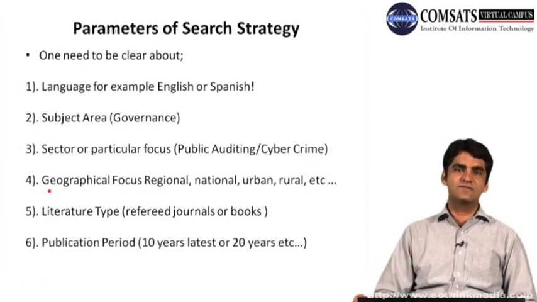What are the parameters of search strategy? We have already discussed them. I'm talking about these simple things again because I think they are very important. Normally when you start searching, after some time you get annoyed because you're not finding something and you forget these simple things.